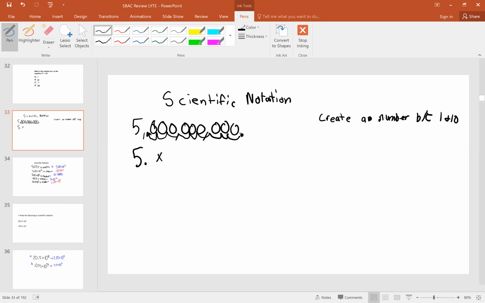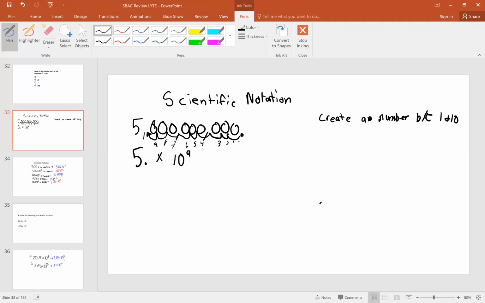Because that's the ones place, the tens place, the hundreds place, the thousands place. So each time it's multiplying by 10. So I moved over 1, 2, 3, 4, 5, 6, 7, 8, 9. I moved it over 9 times. So 5 times 10 to the power of 9 is another way to write 5 billion.